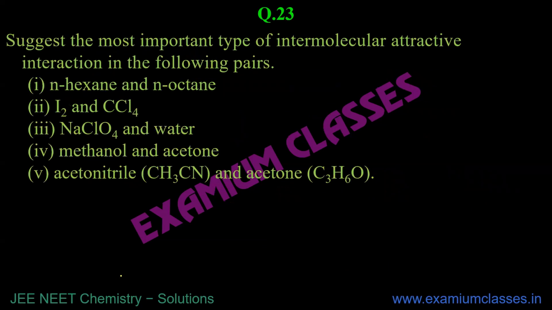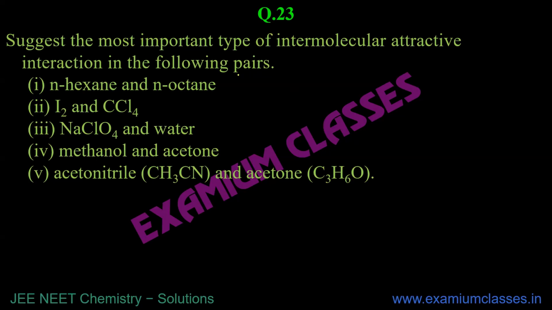Now the next one. Suggest the most important type of intermolecular attractive forces in the following pairs. Slightly confusing sometimes, so everyone should pay attention, specifically to the second one. If I say N-hexane and N-octane, first of all, you need to be very clear that if there is no dipole, no polarity difference, meaning no difference in electronegativities, then dipole cannot be there.